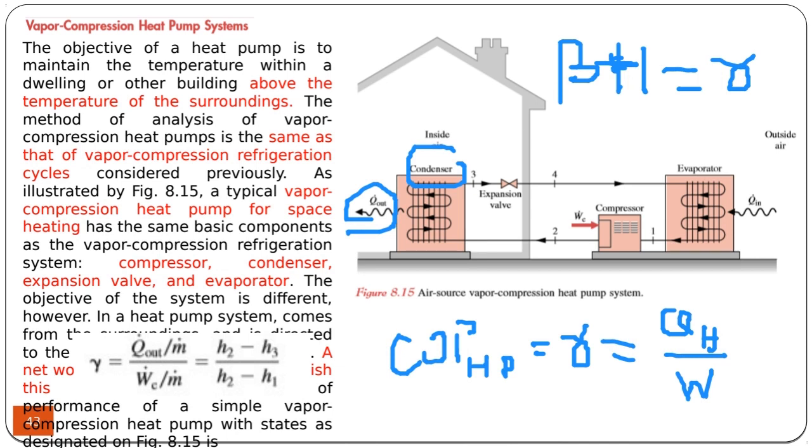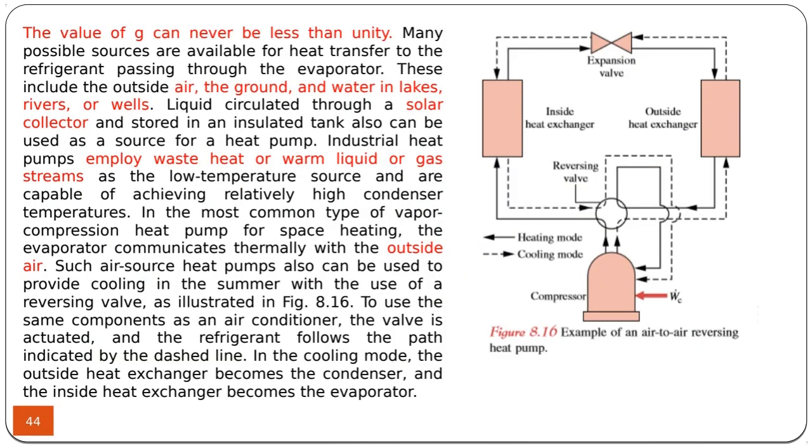So how does it happen to operate the same system as both heater and cooler? There is a reversing valve in this kind of air conditioner systems, a reversing valve. When you push on the operation mode on the remote control, so on the remote control you have cooling and heating.